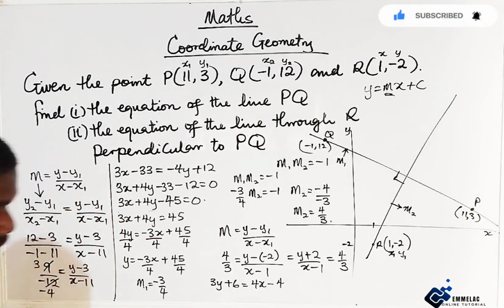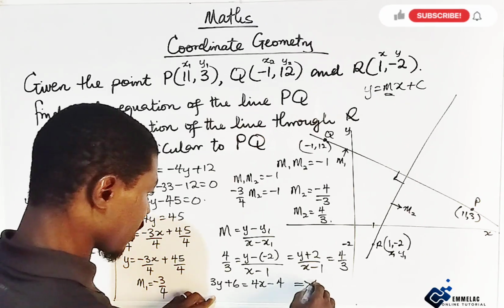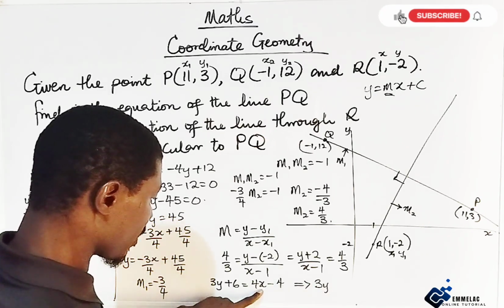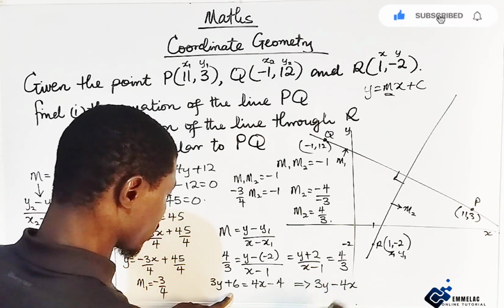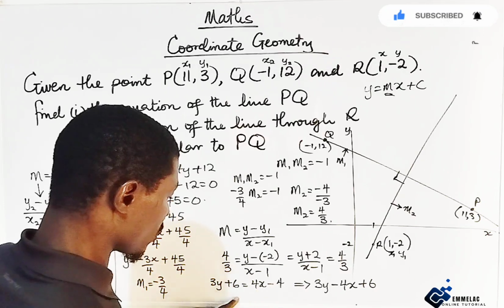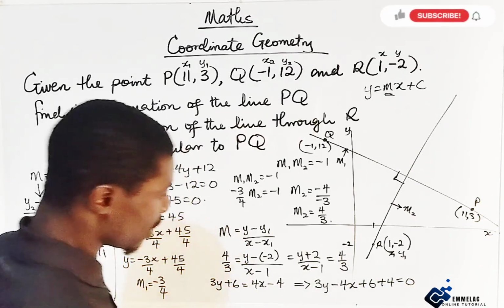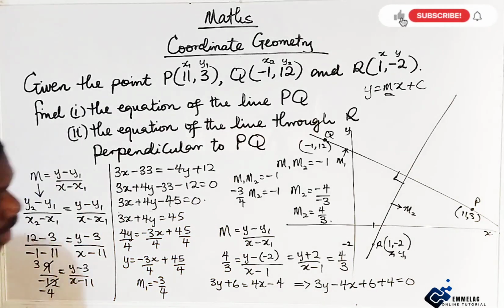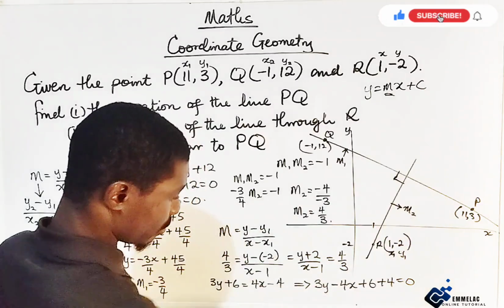Okay, making it look more like an equation, this will give us 3y, bringing 4x over to the left hand side, minus 4x, then plus 6, then bringing negative 4 over to the left hand side, plus 4, which equals 0. So at the end of the day, our equation, just clean this.